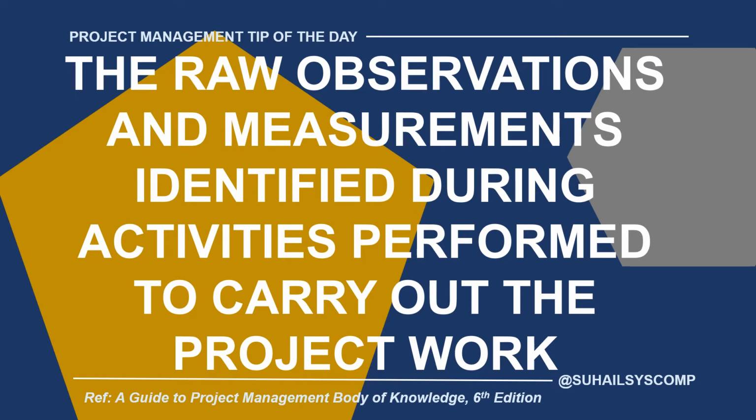While the work is being done, certain raw observations are being collected, like an activity has started at a specific point in time. So that time is recorded somewhere. An activity finishes at a specific point in time, that time is again recorded somewhere. Whatever happens to that activity, according to the schedule or off the schedule, all these messages are being recorded in data.